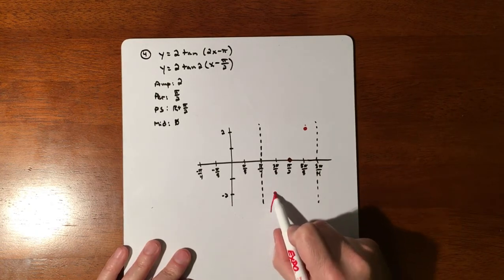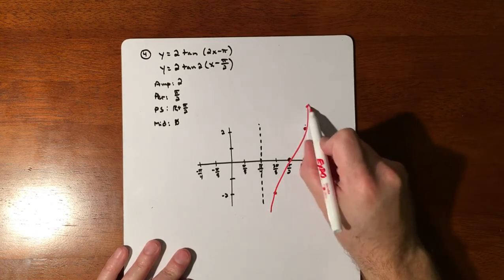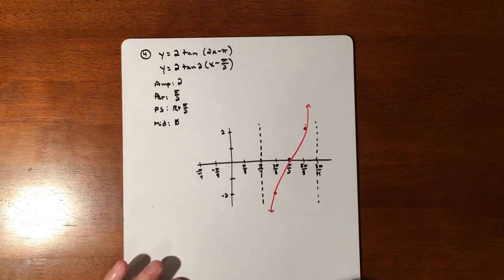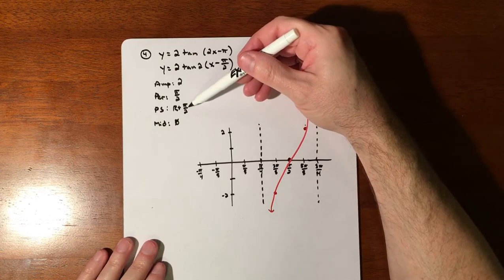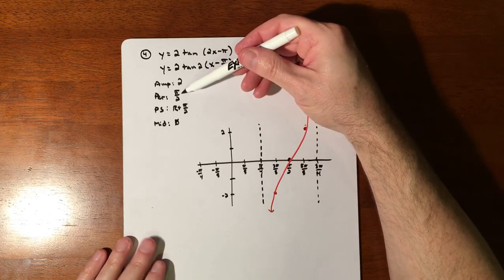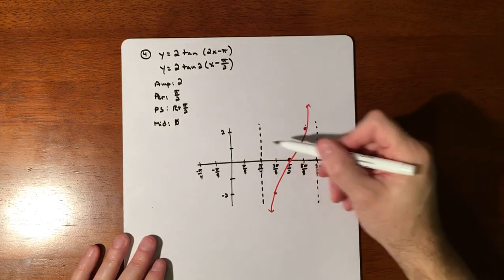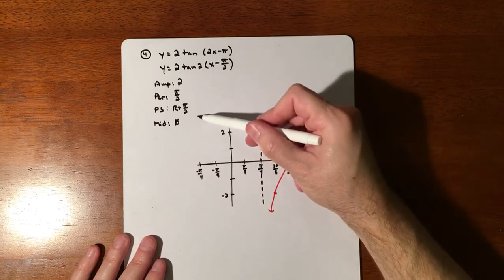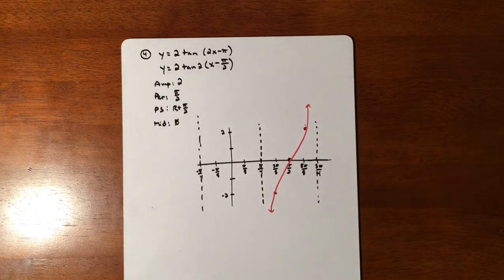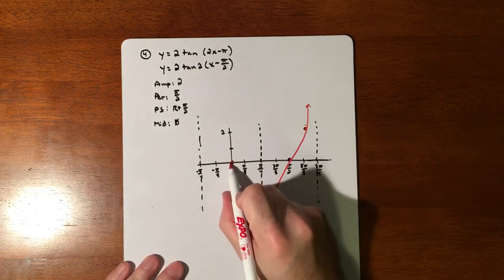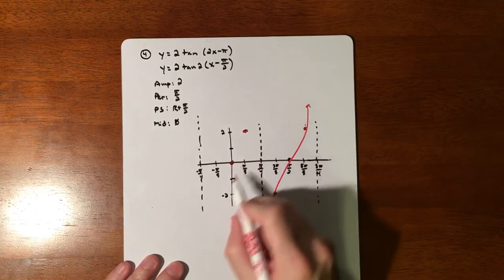And you have your one full cycle. But uniquely, your shift was exactly the same as your period. So if you kept on doing these one full cycles, it would be as if no shift had even occurred at all.